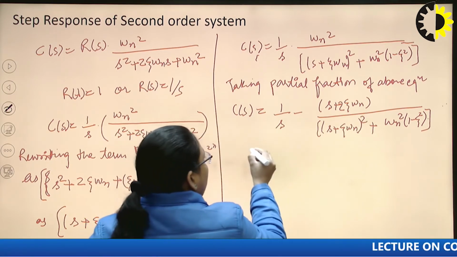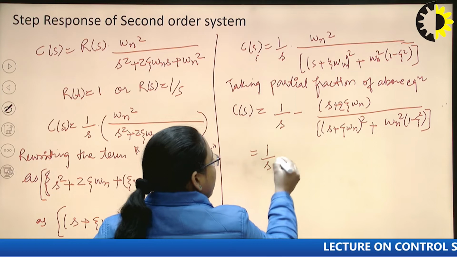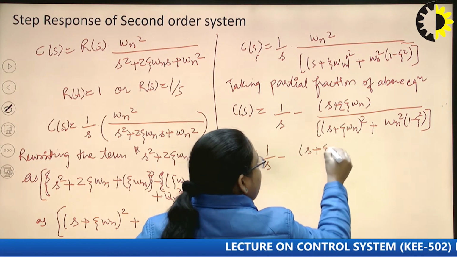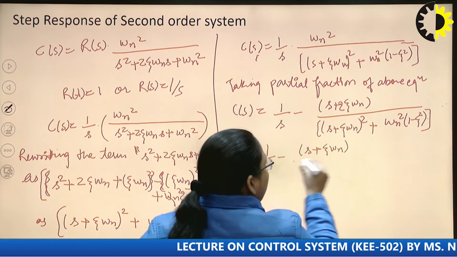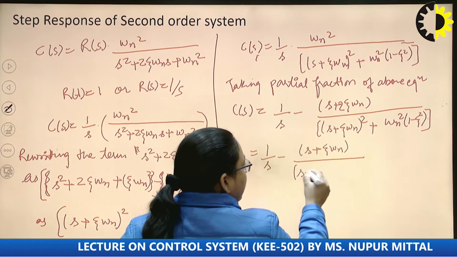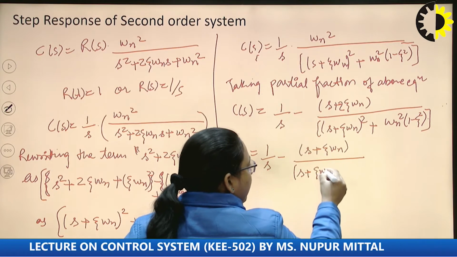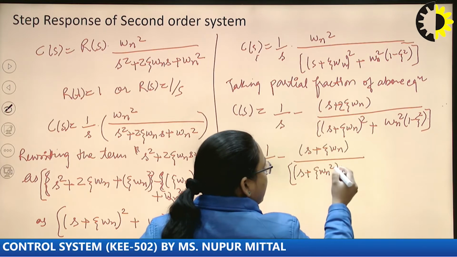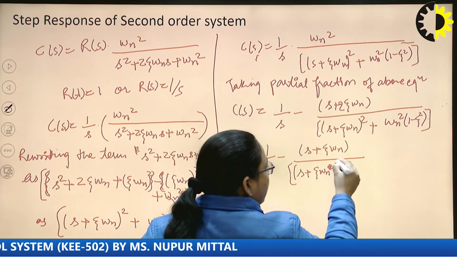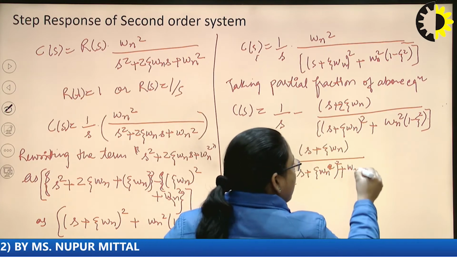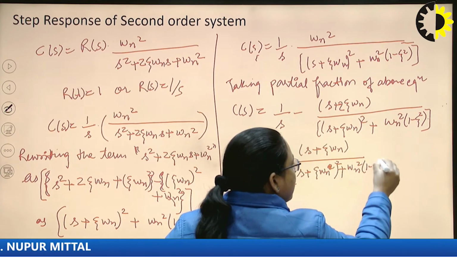So I will rewrite this as 1 upon s minus s plus zeta omega n upon s plus zeta omega n whole square, plus omega n square into 1 minus zeta square.